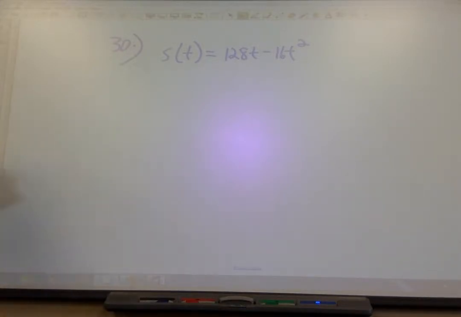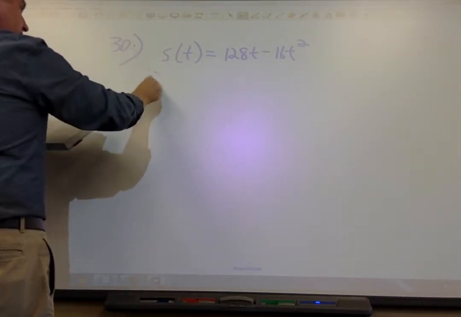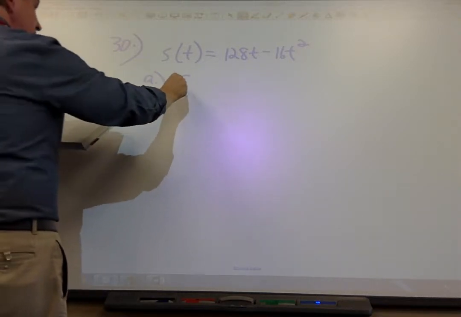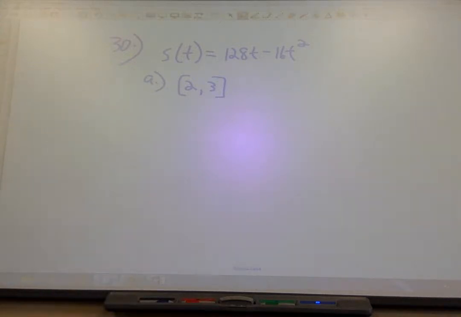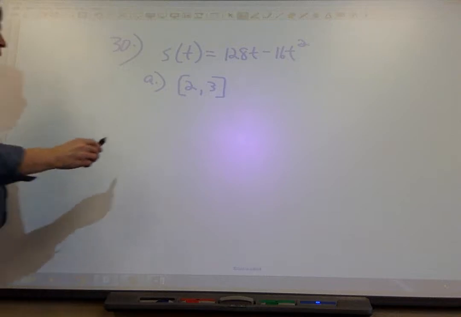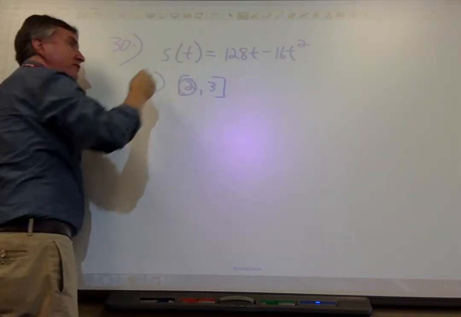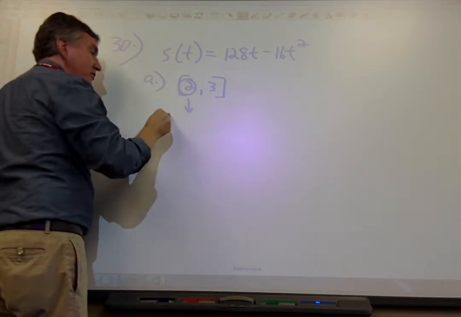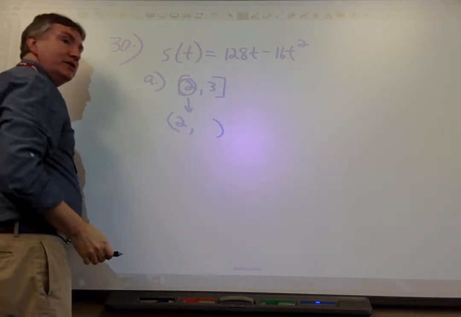Part A says, what's the average velocity of the ball over 3 different time intervals? Well, if they say the first interval is from 2 seconds to 3 seconds, I want to find that velocity. Well, what that says, if t is 2, I would put that in and find what the height is. So I would say this leads to the ordered pair 2, comma, whatever I get when I put that in.